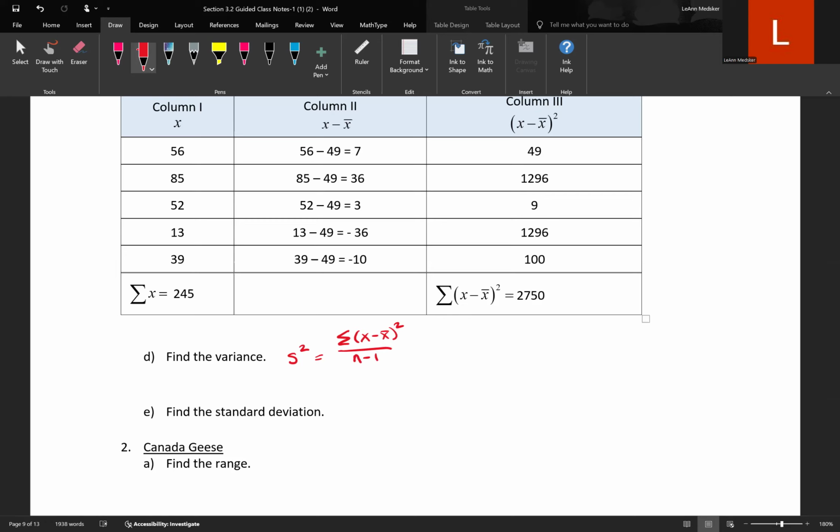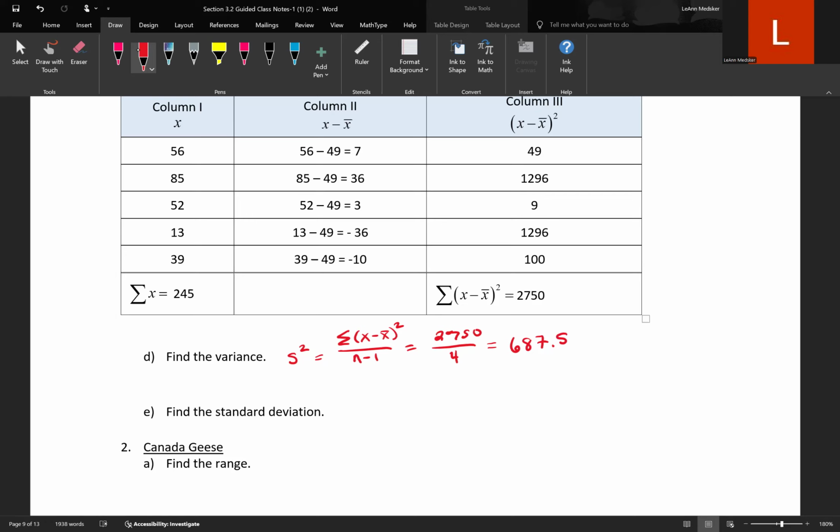If we had the population, we would use all of our n, but we have to adjust for the rounding errors. So this would be 2,750 divided by, there were 5 locations or states that we visited, so 5 minus 1, which is 4. So the variance ends up being 687.5.